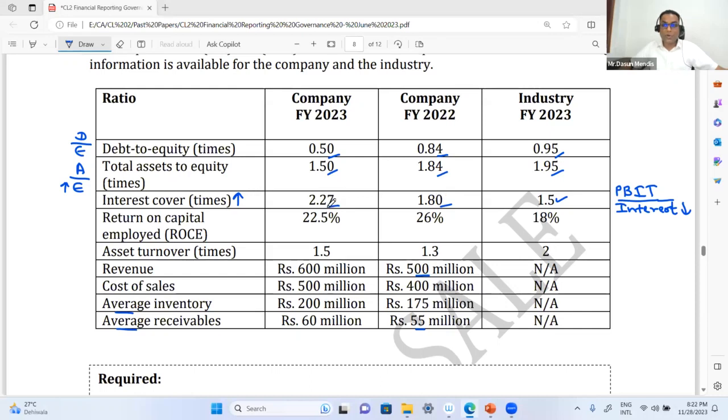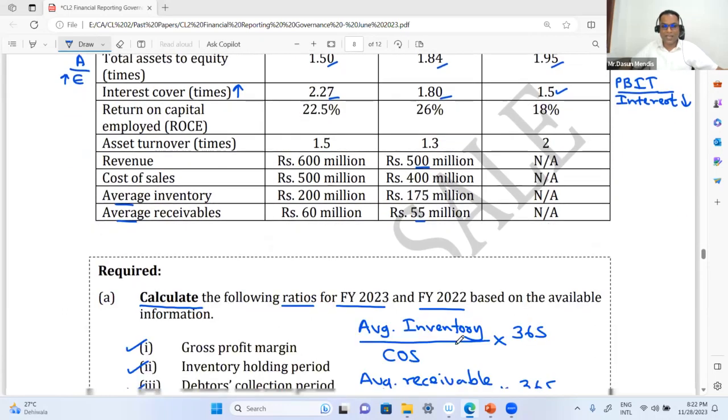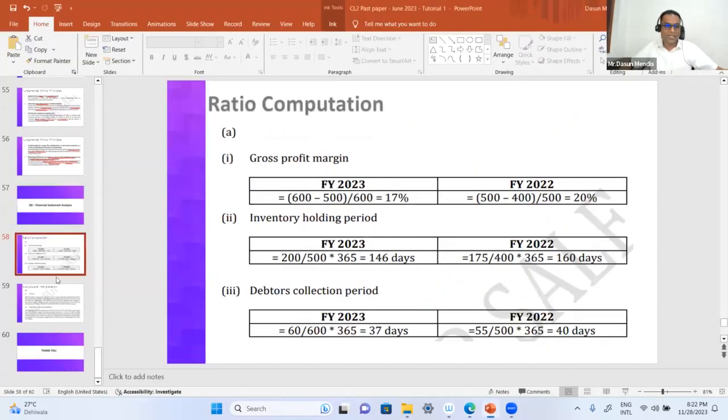In 2023 it has gone up to 2.27. That is better. A higher ratio is always better. So why is it getting better? Because gearing is getting reduced, meaning interest cover is going up. This interest cover is significantly higher than the industry average as well, because the company's gearing is less than the industry. I have already explained that we have gone through the answer as well, right?